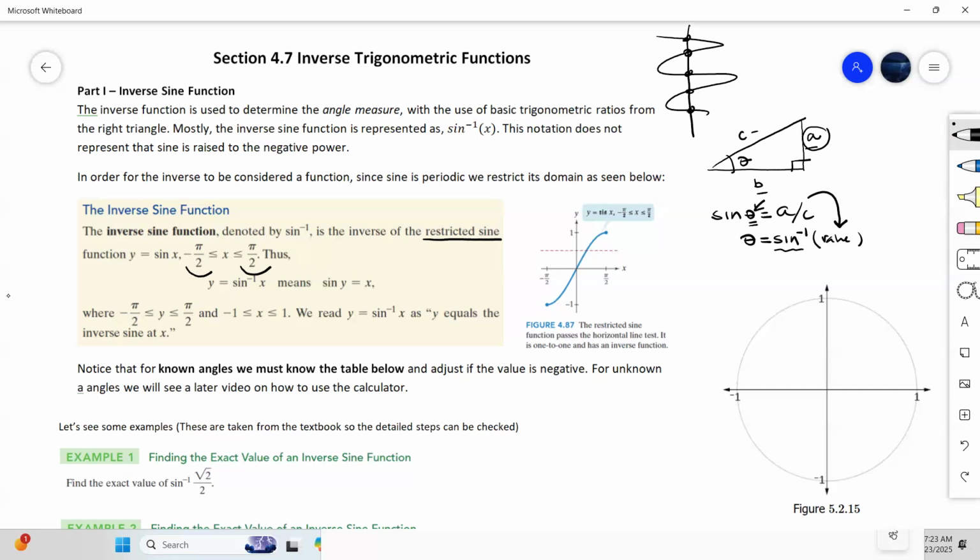So here's my unit circle. Let me show you. The sine function, this is the unit circle. Unit circle being the radius is 1. This y-axis is our sine. So y equals sine axis. So normally we call this axis the y, but now it is the sine x function. So the sine inverse function goes from here, 90 degrees, to here, minus 90 degrees.